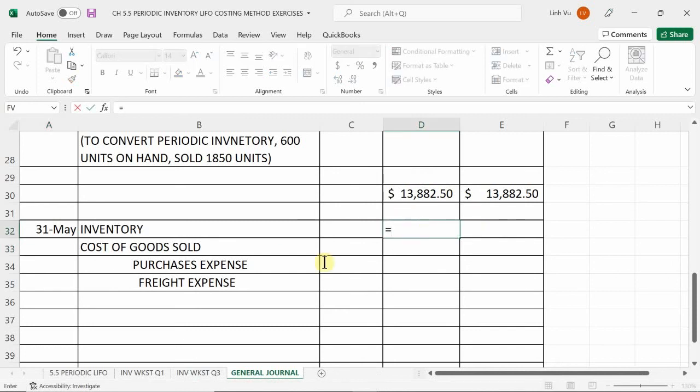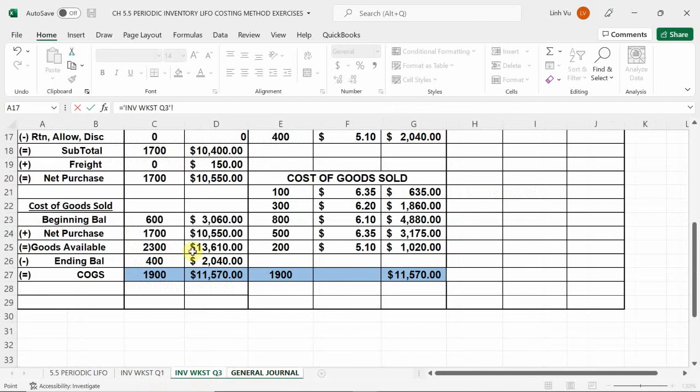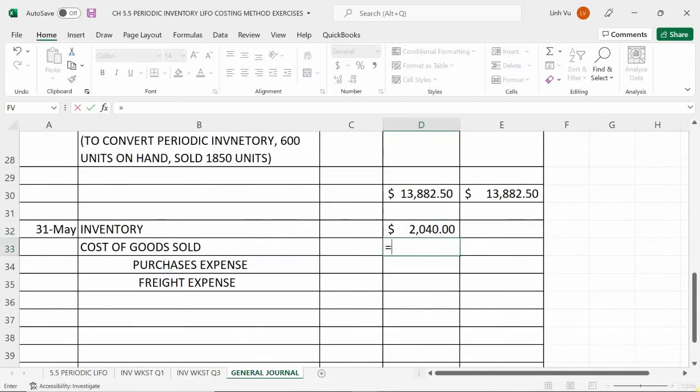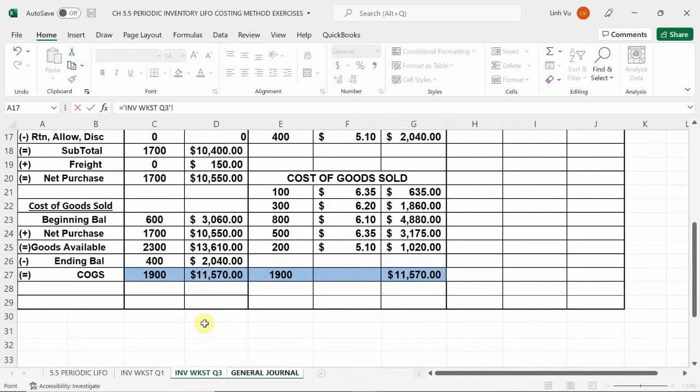What was the total value of my cost of goods sold? 11,570. Good. 11,570. Oh, wrong worksheet. Oh, no, that's right. 11,570.